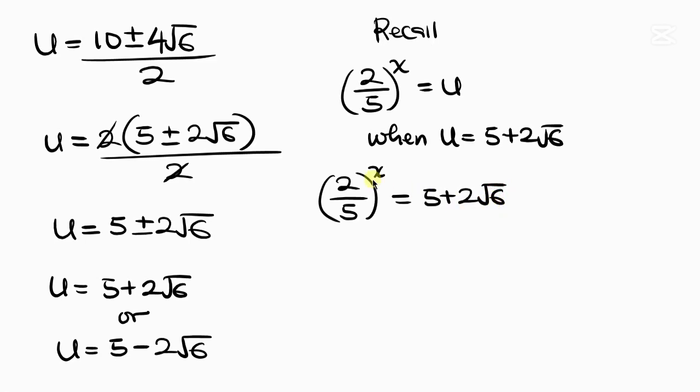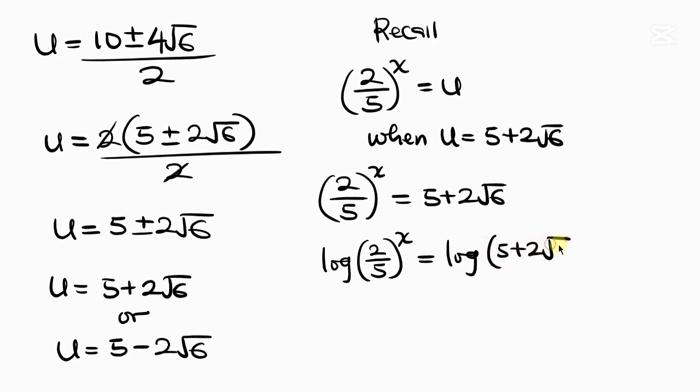Now notice that the unknown is an exponent, and whenever we have an unknown as an exponent, what we usually do is take the log of both sides. So we take the log of the left hand side, log of 2 over 5 to the x, equal to the log of the right hand side, which is 5 plus 2 root 6.